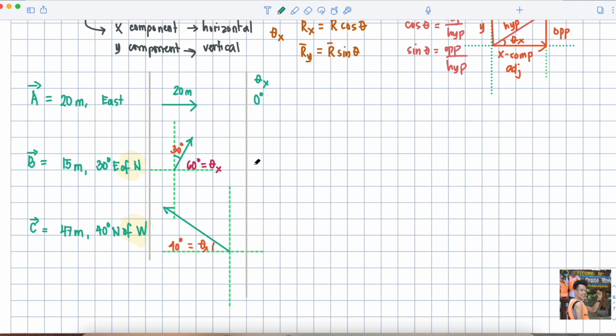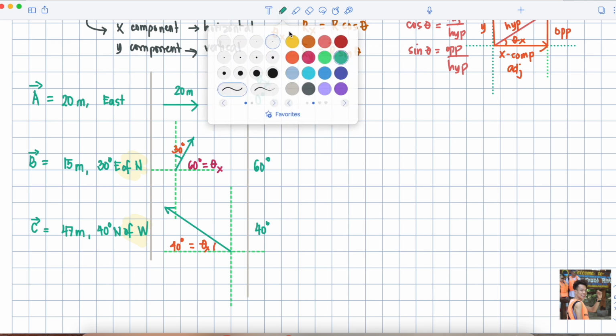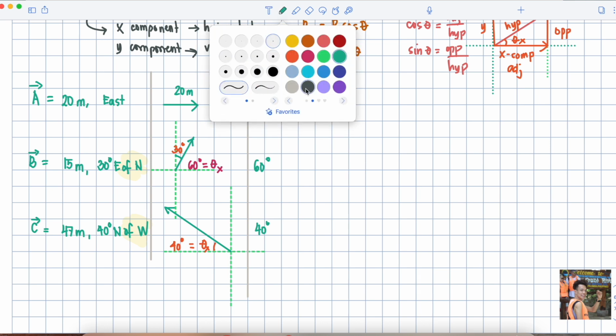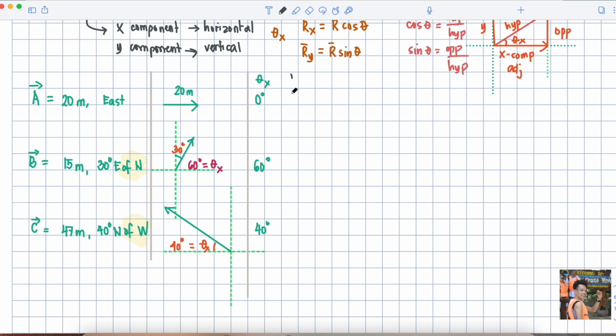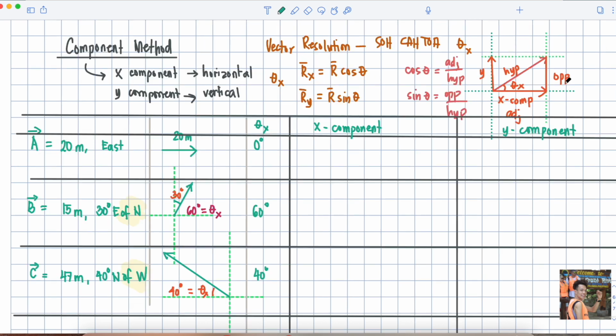Our second vector makes an angle of 60 degrees with respect to the x-axis, while our vector C makes an angle of 40 degrees with respect to the x-axis. Now we are ready to get the x and y components of the vectors.